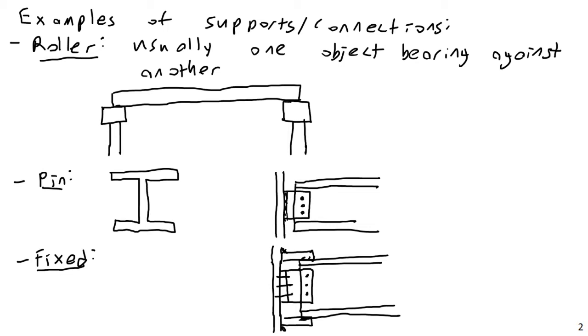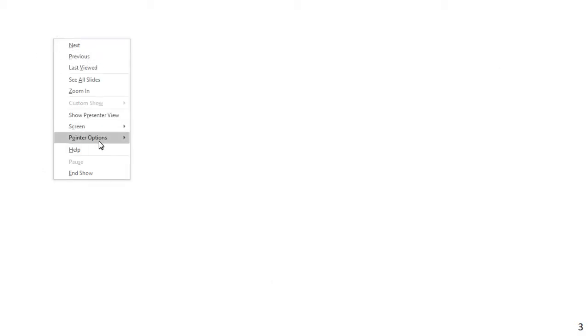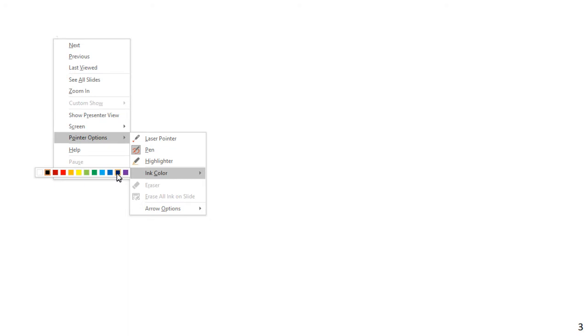You could have a roller joint, but we don't really deal with that much in frames. So I'm going to focus mainly on pin and fixed joints in frames here. So let's look at joints, pin versus fixed.